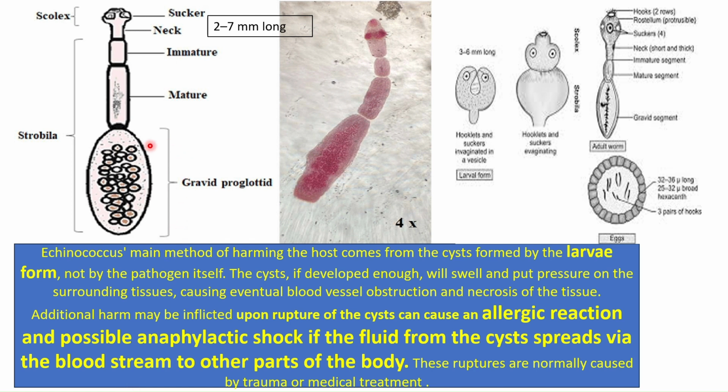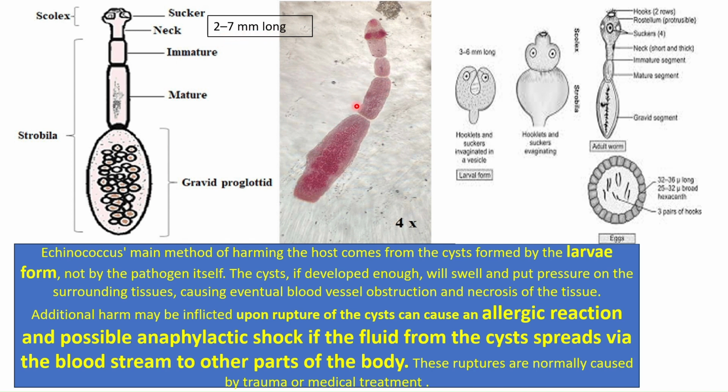So this is the picture of the adult worm, which has a scolex and strobila. The scolex has suckers, then the neck portion, immature segment, mature segment, and this is the gravid proglottid. It is around 2 to 7 millimeters long.